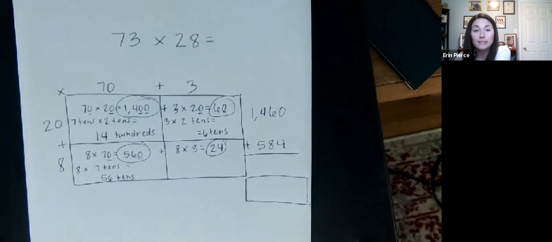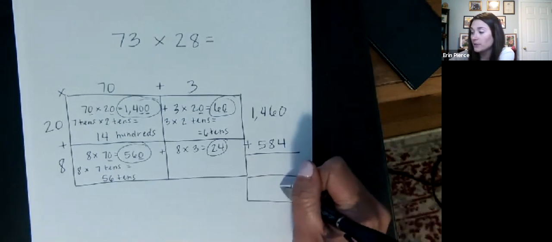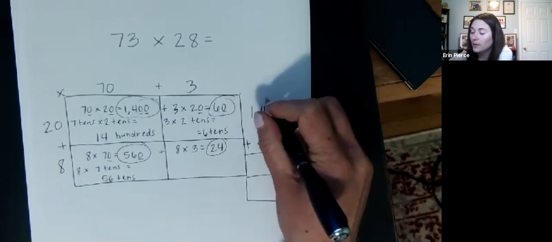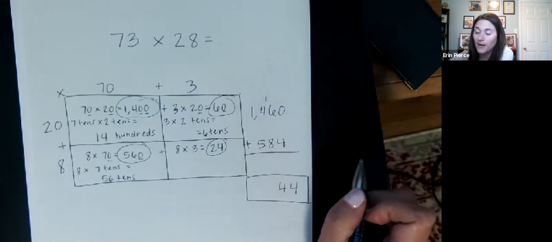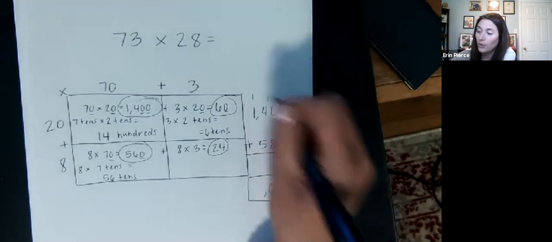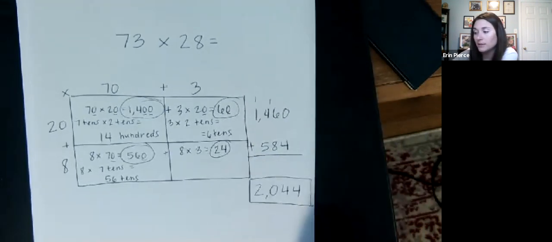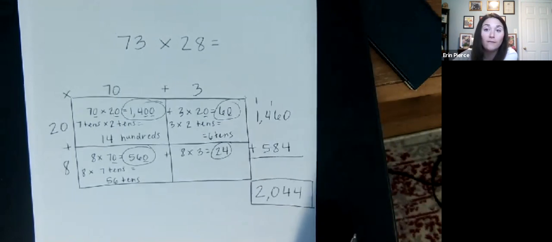So 4 plus 0 would be 4. 6 plus 8 is 14. 1 plus 4 plus 5 is 10. And 1 plus 1 is 2. Our ending answer is 2,044. Okay?